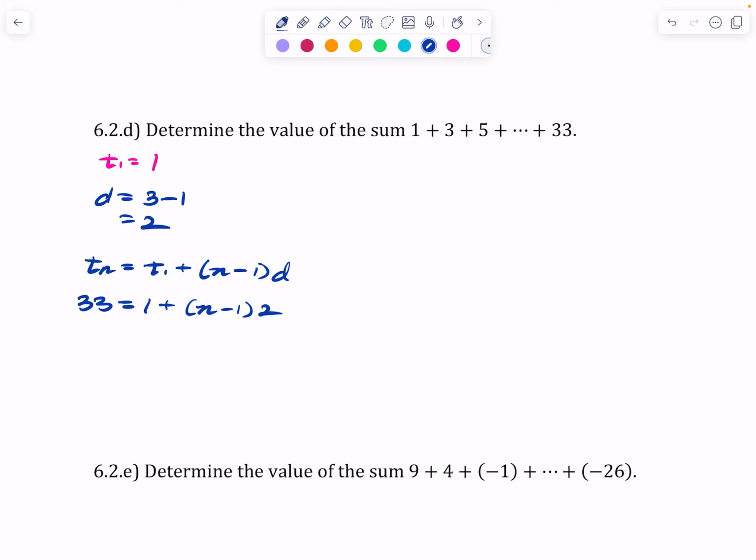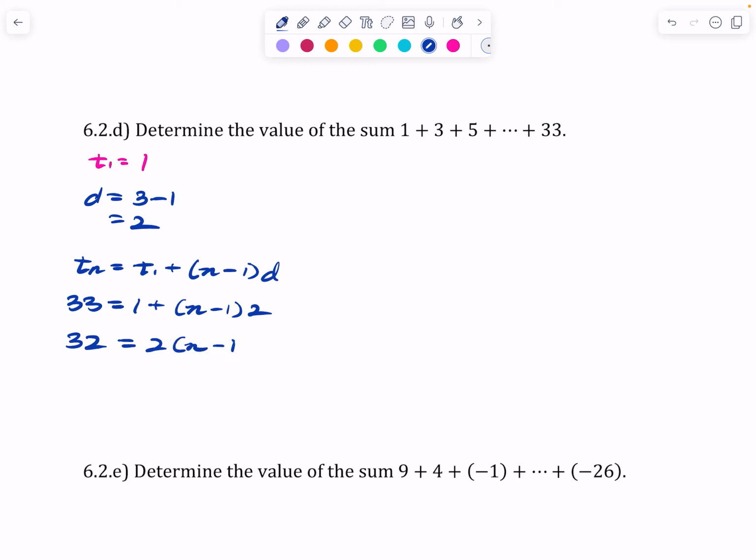And we can just figure out n from there. So subtracting 1 from both sides gets us there. Dividing both sides by 2, and then adding 1 to both sides. So n is 17. Now we know.